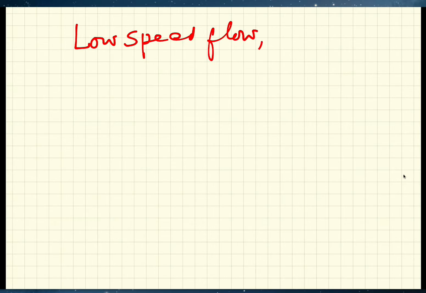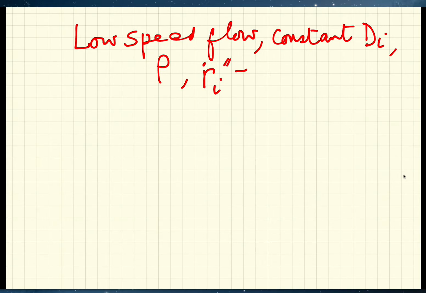The approximation that we have is that if we have low speed flow and constant diffusion coefficient, and rho is also constant, and we have r sub I dot triple prime equal to 0, then we will get this special case.